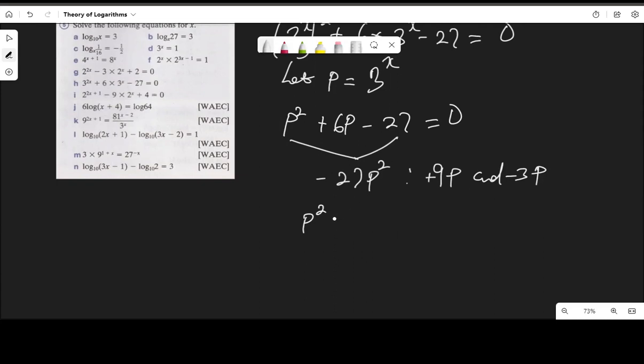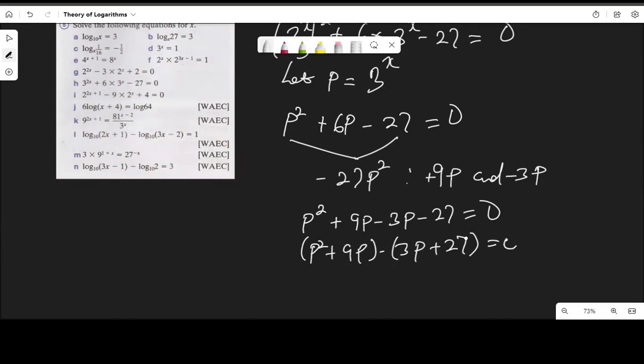So I'll have p squared plus 9p minus 3p minus 27 equal to 0. If I group these 2 by 2, I will have minus 3p minus 27, with the sign changed to plus because of the bracket I introduced.